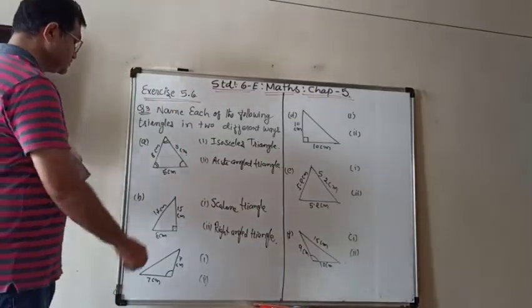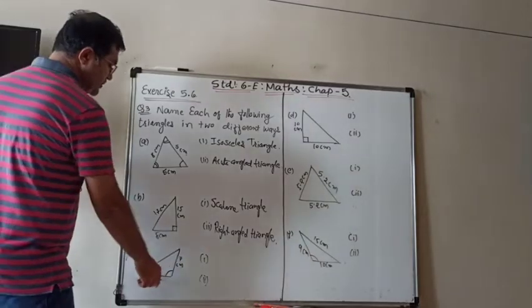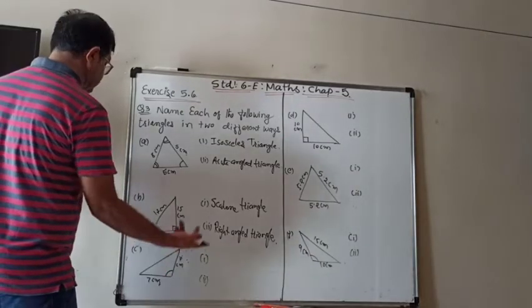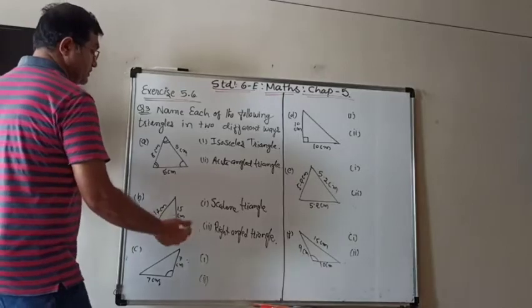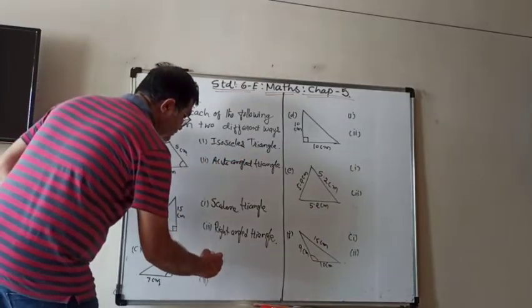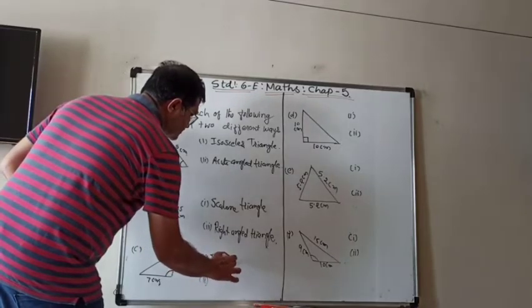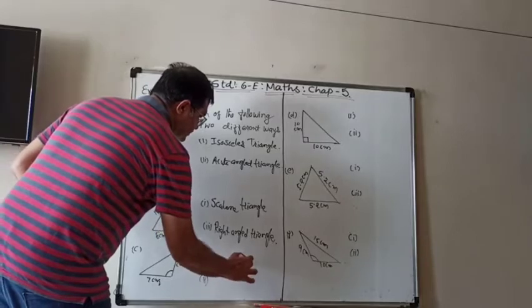Look at C. Here 2 sides have the same measure given, 7 centimeter, 7 centimeter. It means that it is an isosceles triangle.